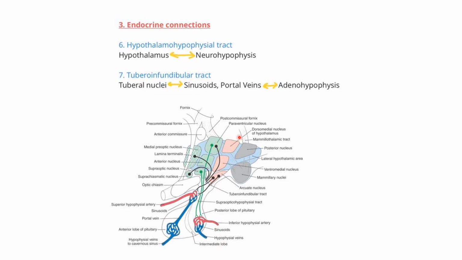It is from the paraventricular and the supraoptic nucleus. So the hormone is released from the hypothalamus, but it's stored in the neurohypophysis and is released when needed, when the hypothalamus detects the need of release. We'll speak about the different hormones as well.